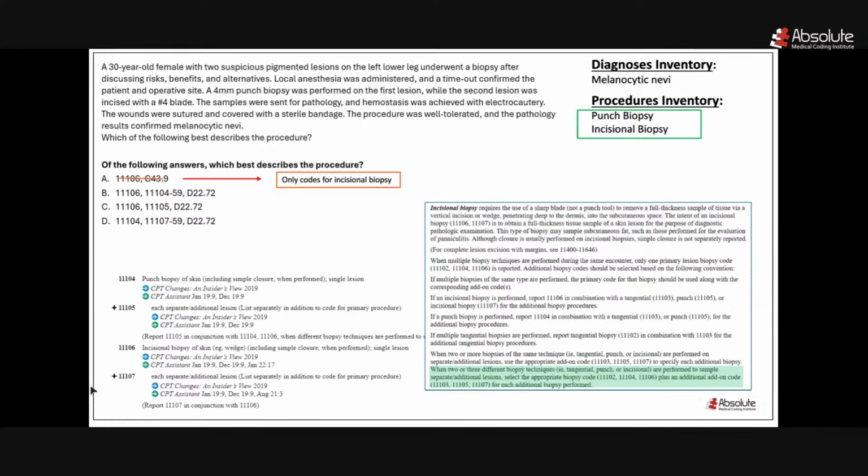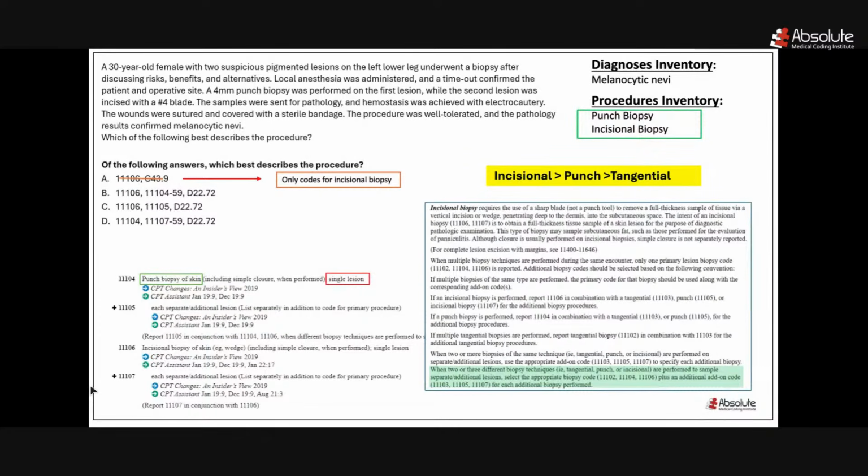Now I can see option D, that is coding for a punch biopsy of the skin. And again, I know that option D is also incorrect. How? I know the guideline that if multiple biopsy techniques were used in the same session at two different sites, you have to first code according to the hierarchy.